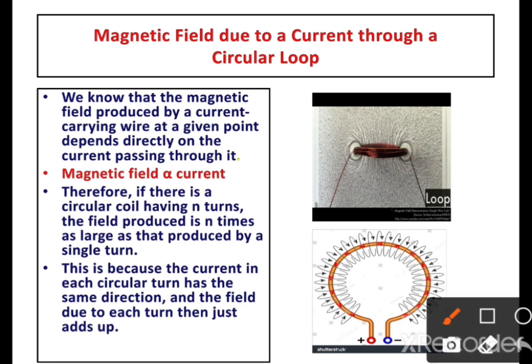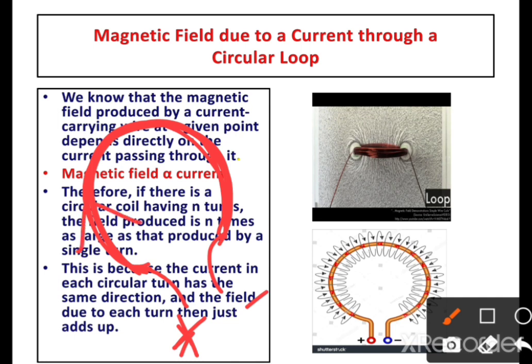This is because the current in each circular turn has the same direction, and the field due to each turn just adds up. See here, this is the first turn, this is the second turn, this is the third turn, fourth turn, fifth turn and sixth turn. So here I took 6 turns of wire. All the wires are connected to the battery, positive and negative.